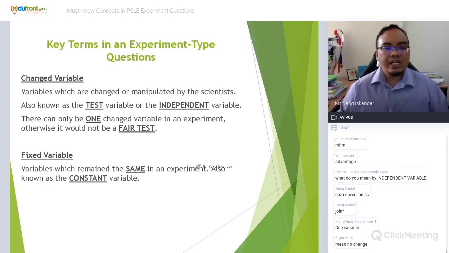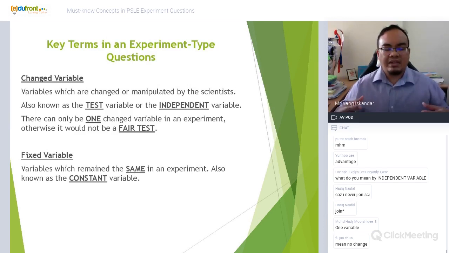All right, change variable. Now, change variable is very important. Change variable is also known as the test variable. It's what you want to test in the experiment. For example, one of the questions just now in 2019 PSLE, the objective is to find out how the different types of soil affect the growth of the leaf.